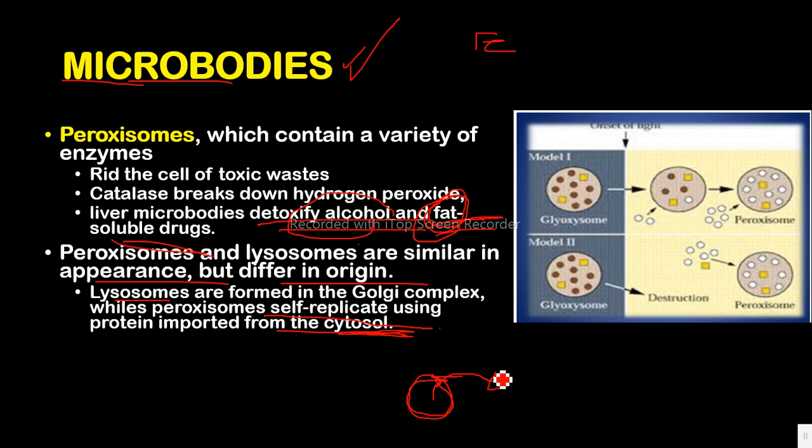It pinches off as a vesicle containing lytic enzymes, and this is going to be a lysosome. But these microbodies don't pinch off the Golgi apparatus; they replicate themselves using the protein machinery found within the cytosol.